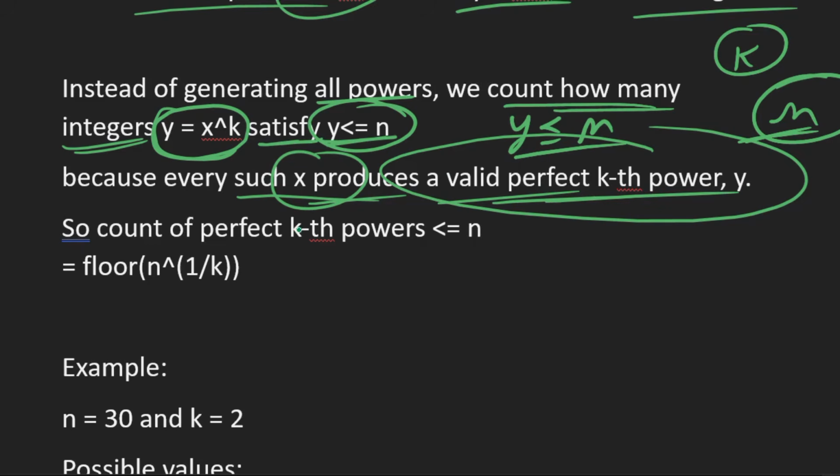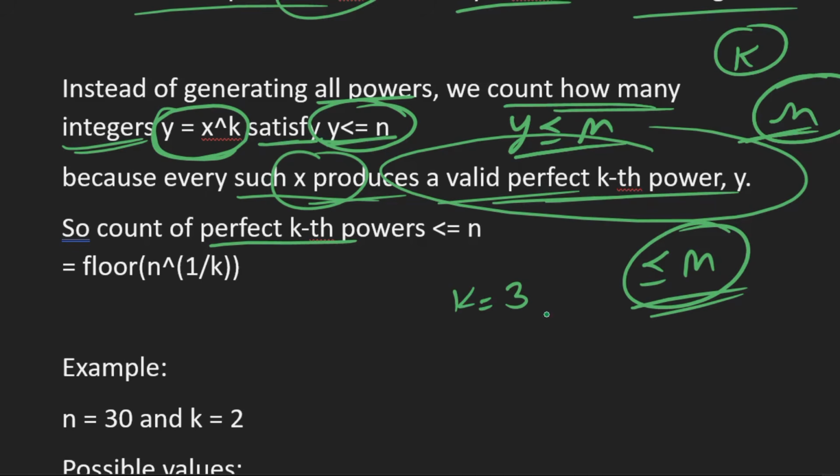So how will we be counting perfect kth powers that are less than or equal to n? We have seen an example where k is equal to 3 and let's say n is equal to 9. So y will be 1 and y will be 8.